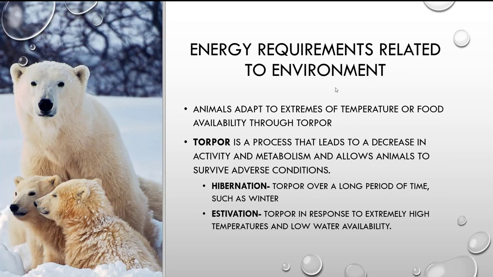And then finally, a lot of our energy requirements are related to the environments that we live in, and so a lot of animals have adapted to extremes of temperature or food availability through something called torpor. So torpor is a process that leads to a decrease in activity and metabolism and allows animals to survive adverse conditions.